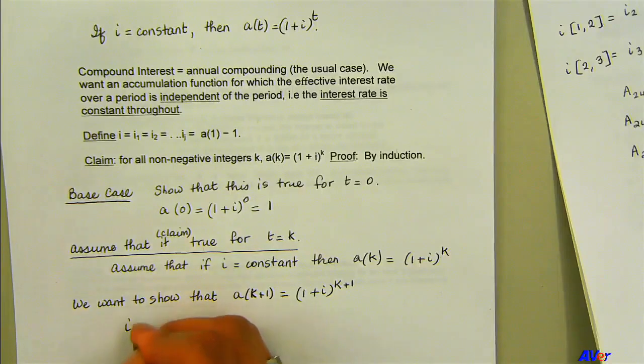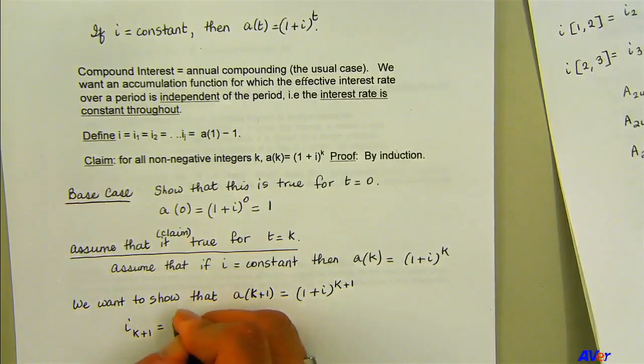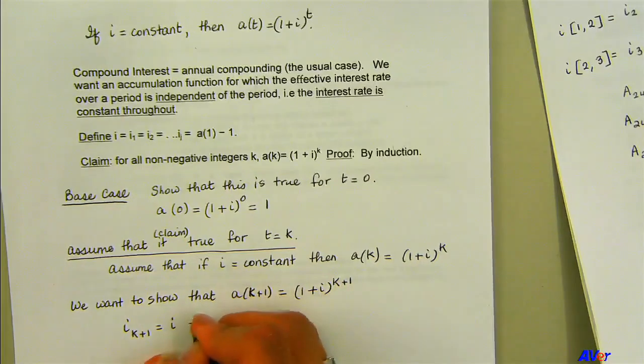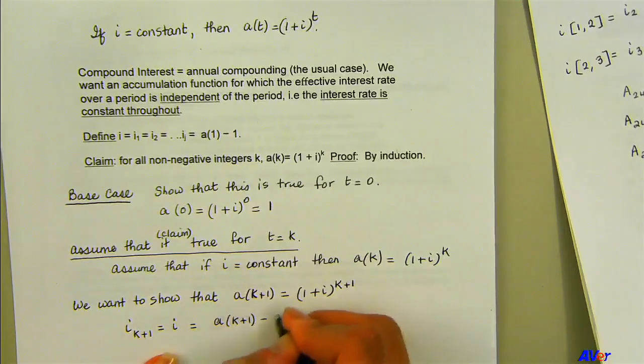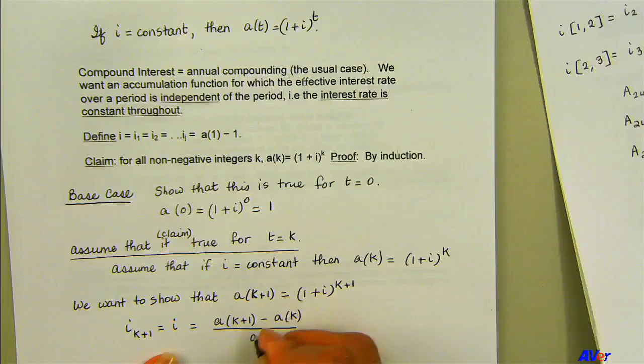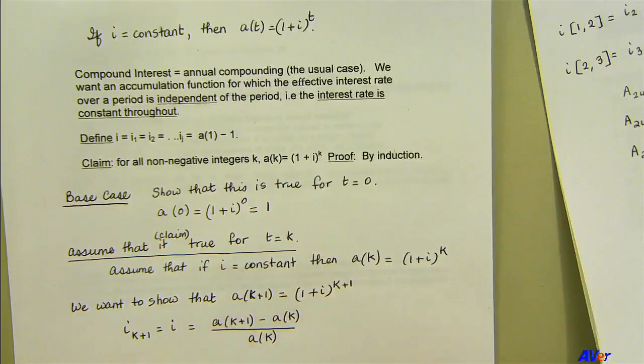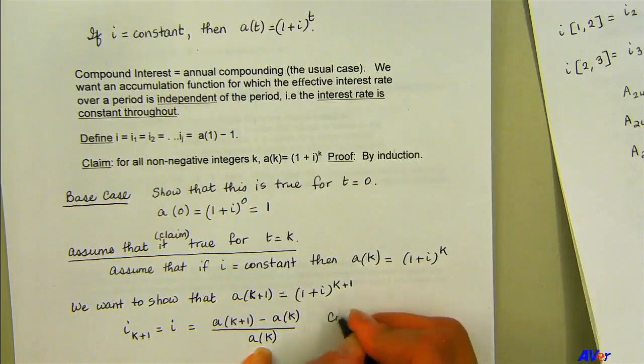So i of k plus 1 is equal to i, it's constant, is equal to a of k plus 1 minus a of k over a of k. That's the initial balance. Cross multiply.